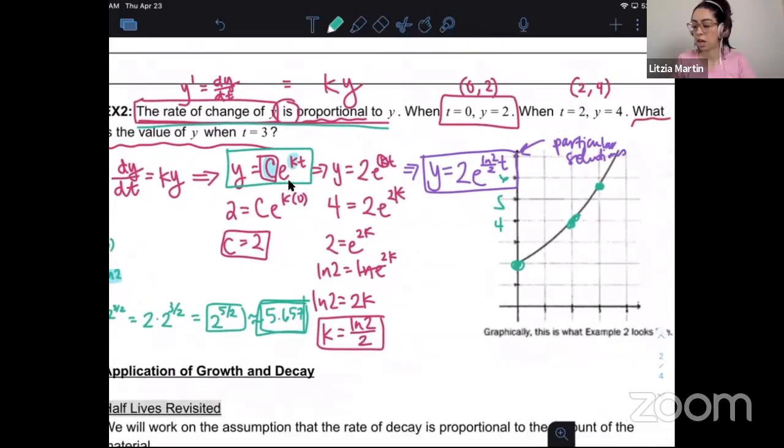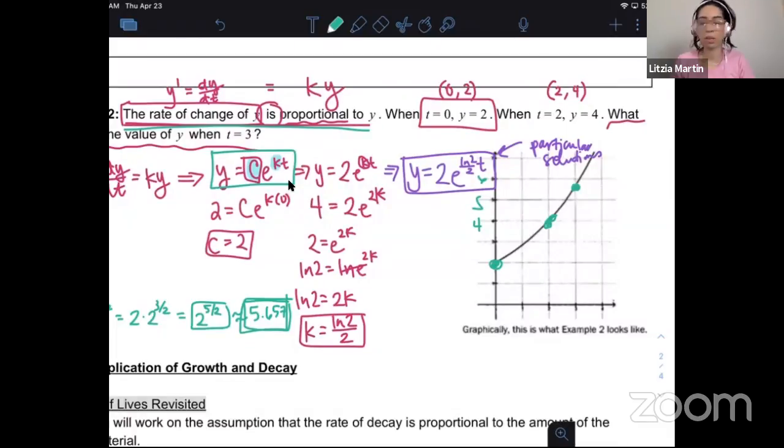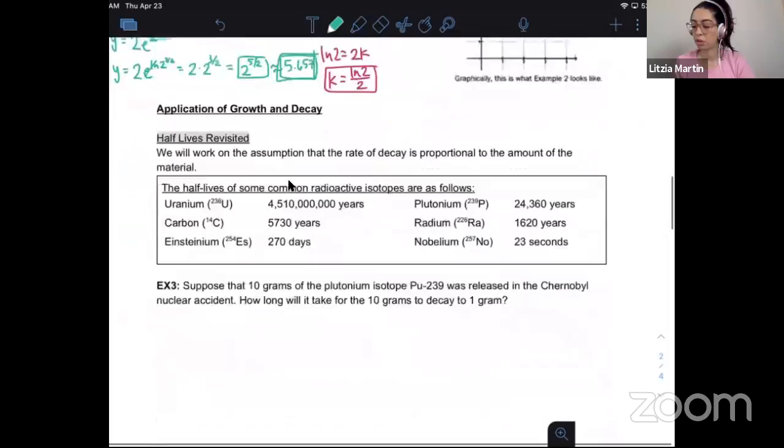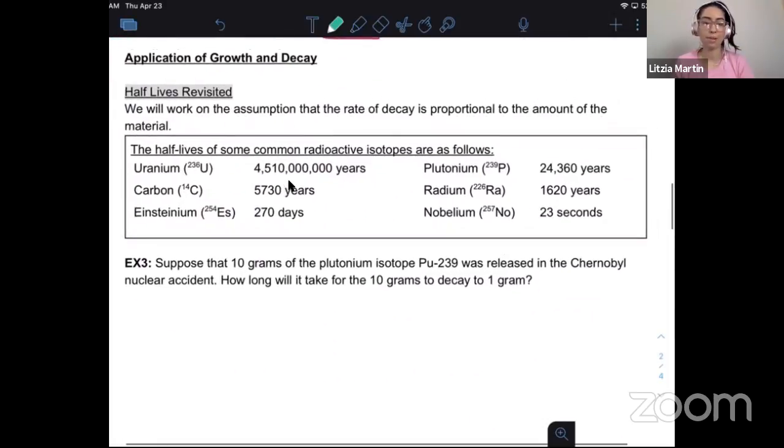They told us t is equal to 0, y is equal to 2, and then t is equal to 2, y is equal to 4, and we use that to plug into the equation. So that's pretty much all we need in order to solve equations, is some kind of initial conditions there. And now what we're going to do is we're basically just going to apply this to different real world examples.